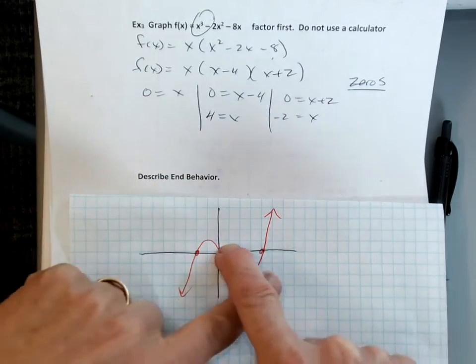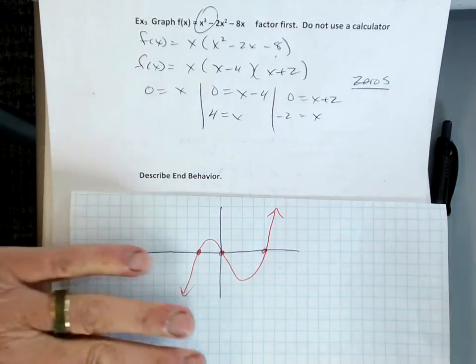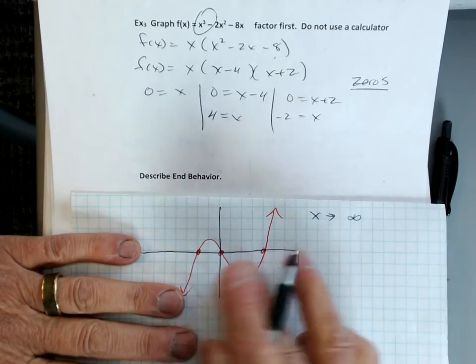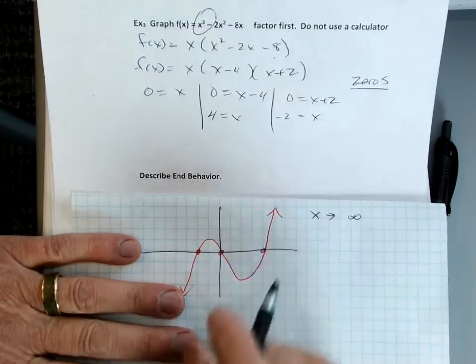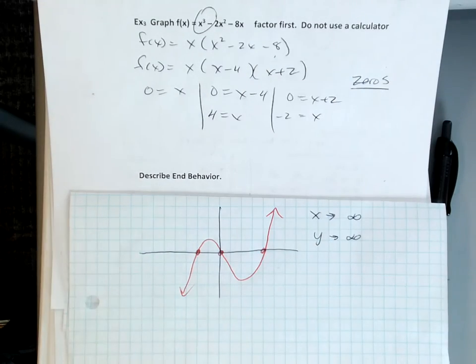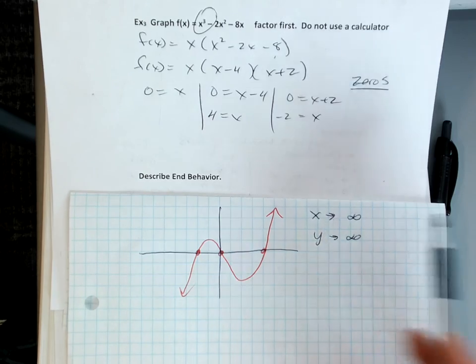So we say, as x approaches infinity, the y values are also approaching infinity. That's my end behavior. We say approaches because you cannot get to infinity. You never say equals infinity. You can't get there. How can you ever equal infinity? You can approach it, if there's such a thing.